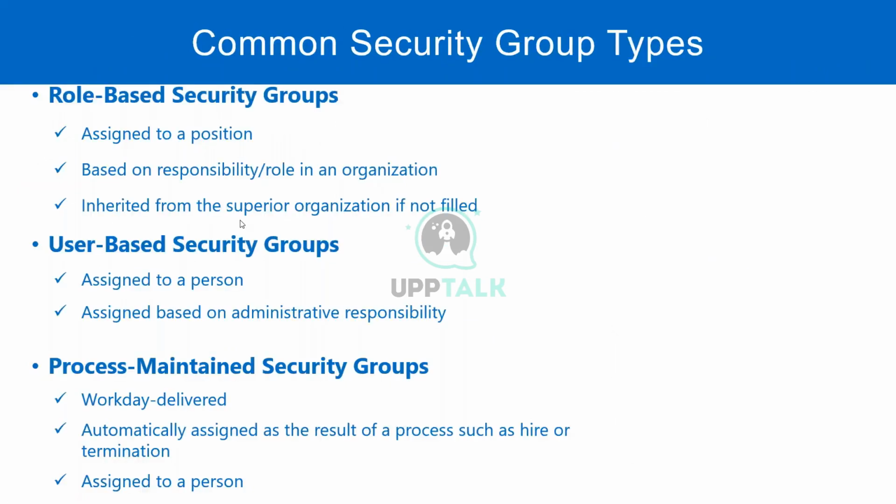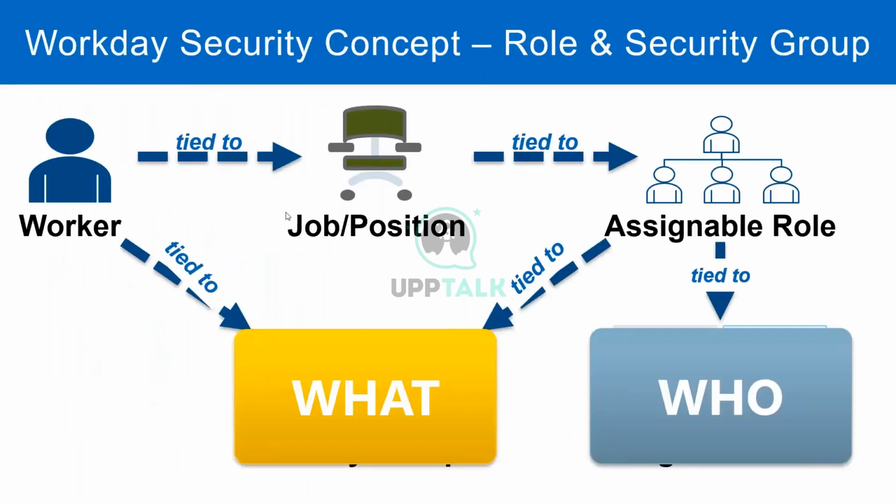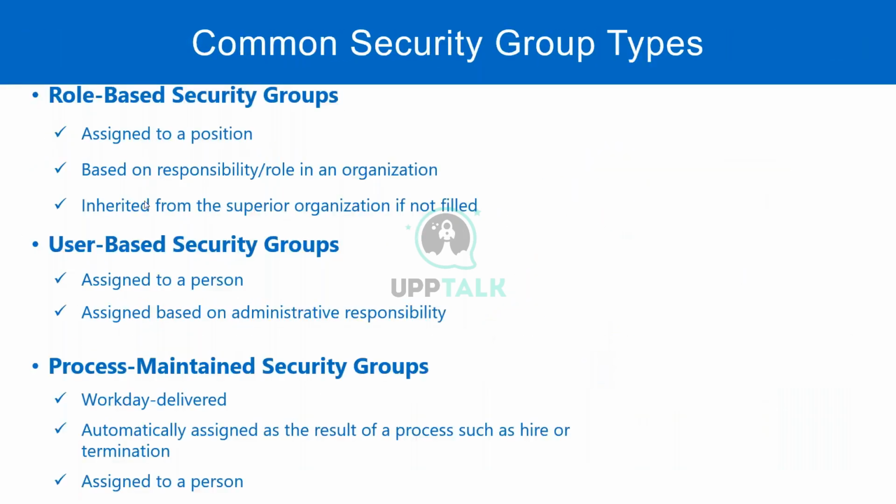When we assign the role to a position, roles are always assigned to positions. Are we clear on that? Roles are never assigned to a person. Roles are always assigned to a position. Now let's say that the position is not filled.